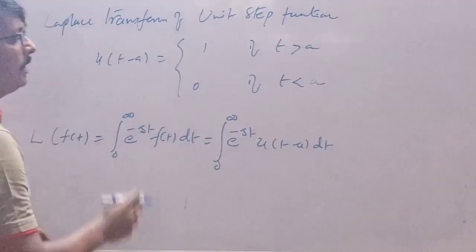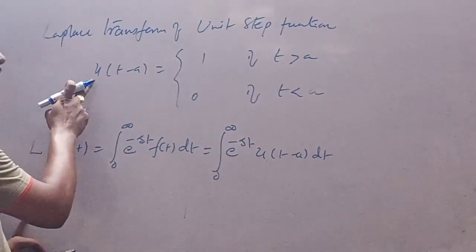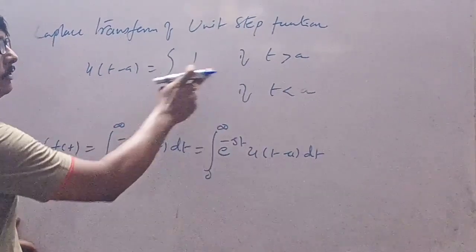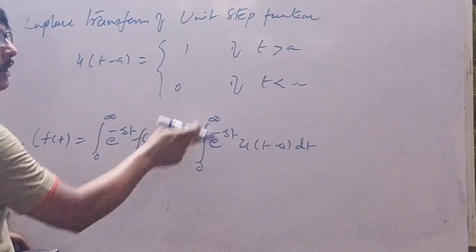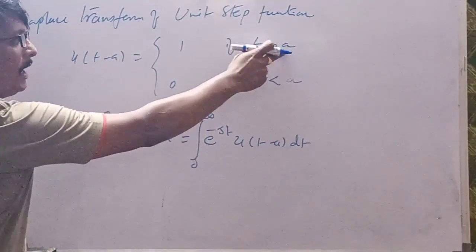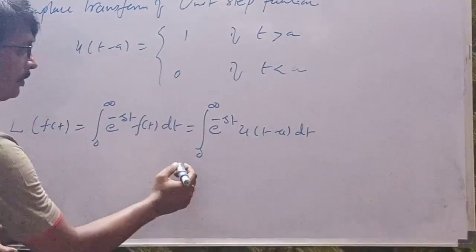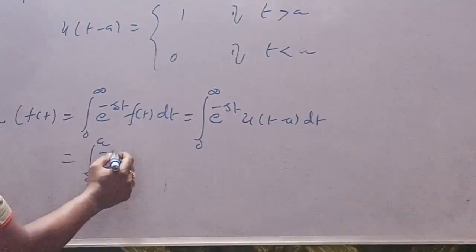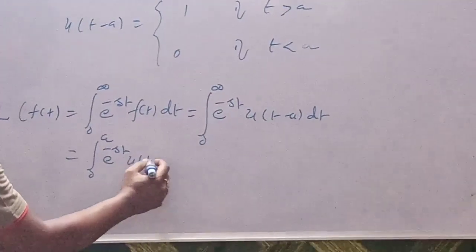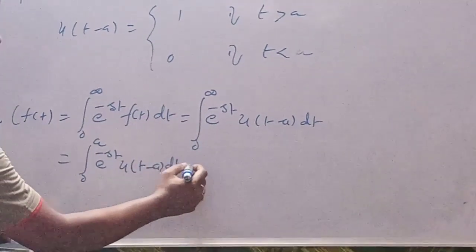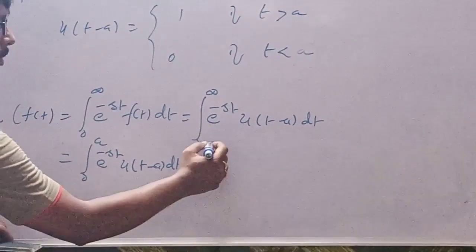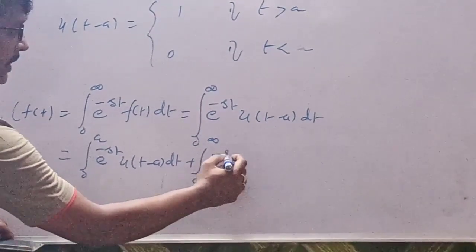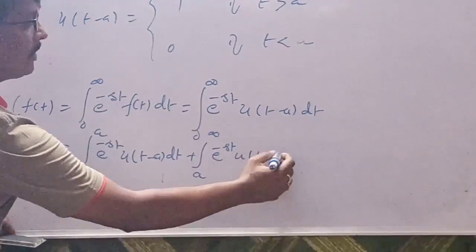Again, it is a piecewise continuous function, so you split the interval into 0 to a and a to infinity. So this equals the integral from 0 to a of e to the power of minus st u of t minus a dt plus the integral from a to infinity of e to the power of minus st u of t minus a dt.